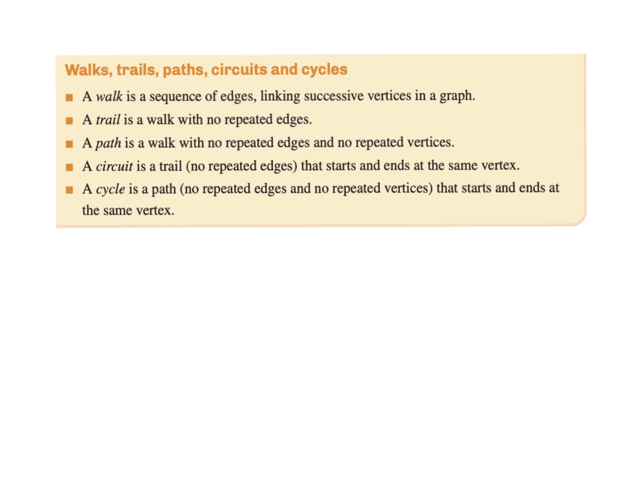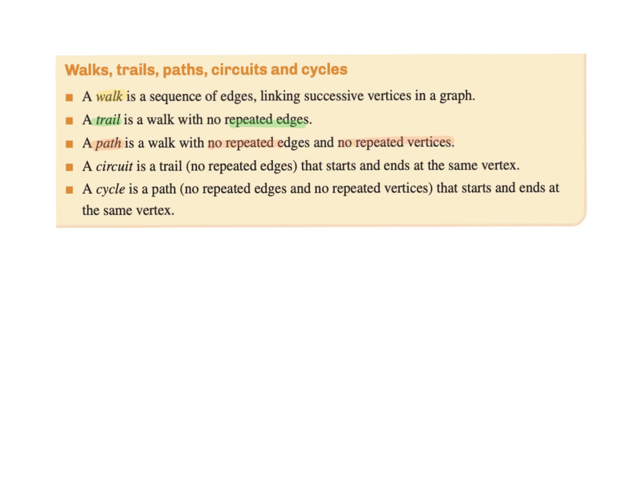If we look at it, a walk can have any amount of edges and vertices, you're just linking it together. You don't come off your page and you just draw around. A trail is a walk with no repeated edges. Then we had a path, which had no repeated edges and no repeated vertices.